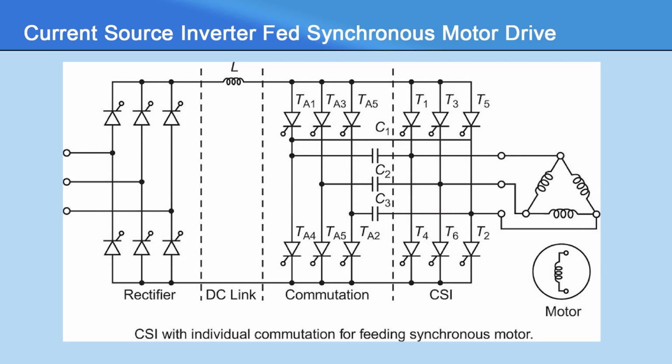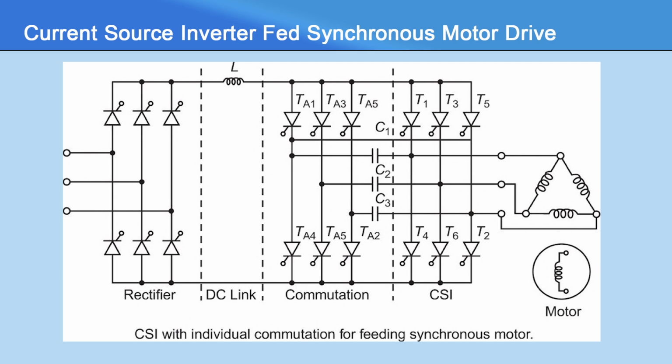In a synchronous motor, the stator current is independent of the stator frequency. The motor also develops constant torque. The flux also remains constant. Therefore, by varying the stator current of the synchronous motor, we have flux control as well as torque control.